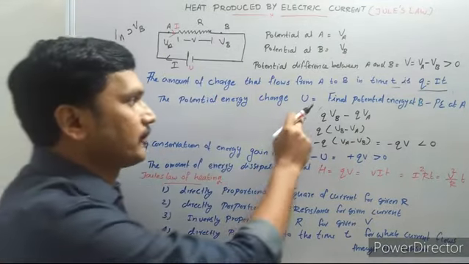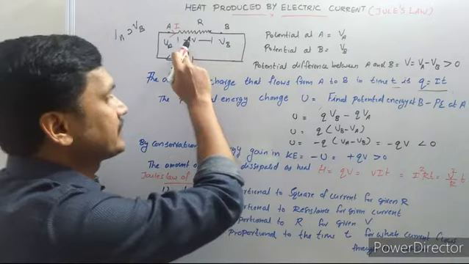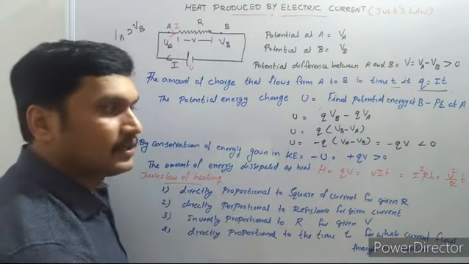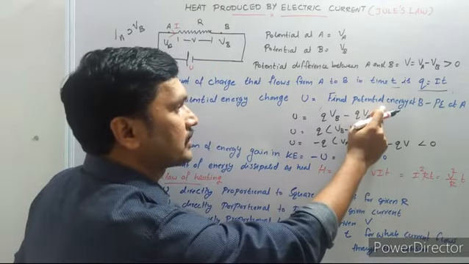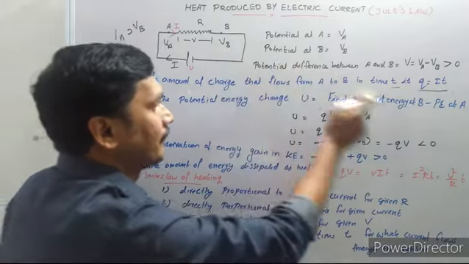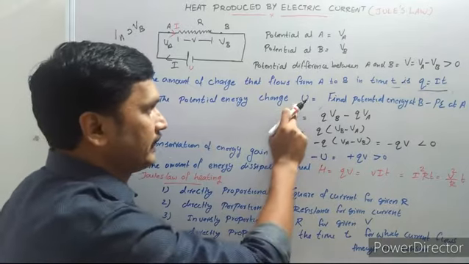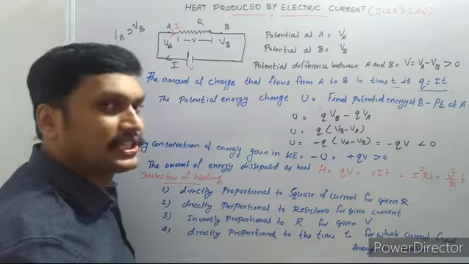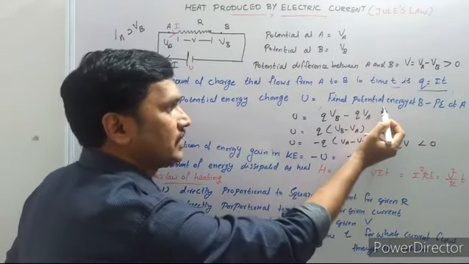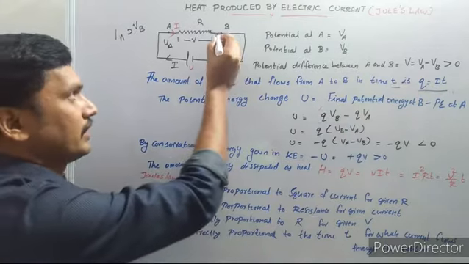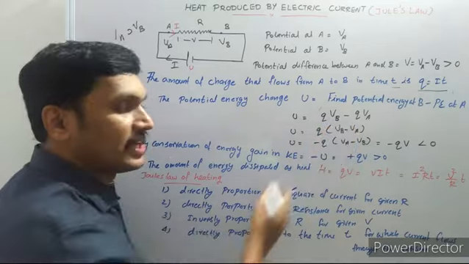We can write the decrease in potential energy as the final potential energy at B minus the initial potential energy at A. We denote the change in potential energy by the symbol U. Say U is equal to the potential energy of the charge at B. The potential energy of the charge at B is equal to the charge into the potential at that point.